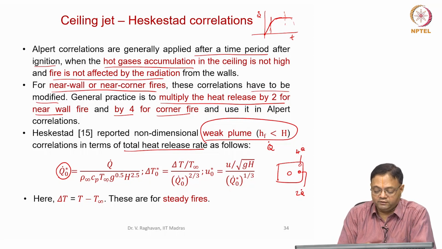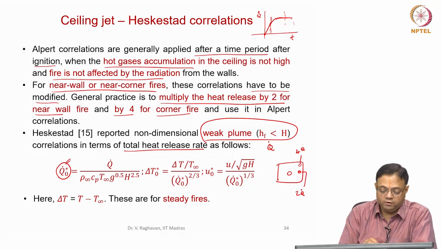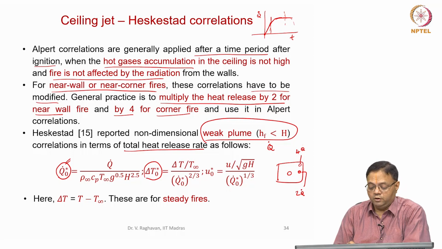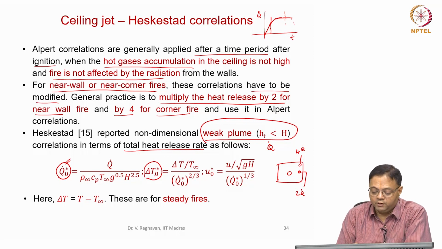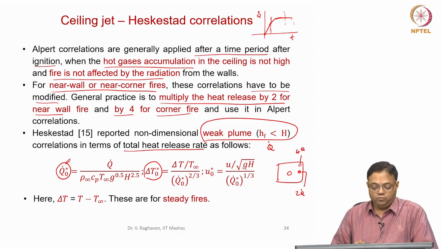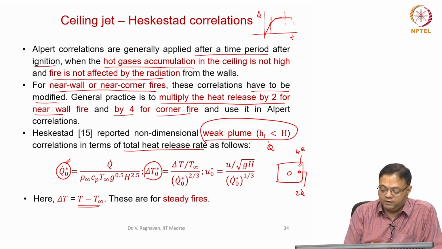You can see that this is the non-dimensional heat release rate. Using this, the non-dimensional temperature difference delta T naught star is correlated like this for the weak plume. U naught star is correlated like this, where delta T is T minus T infinity.